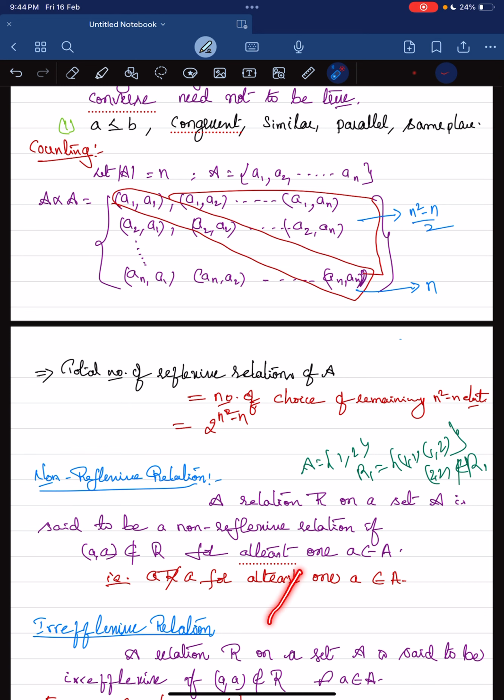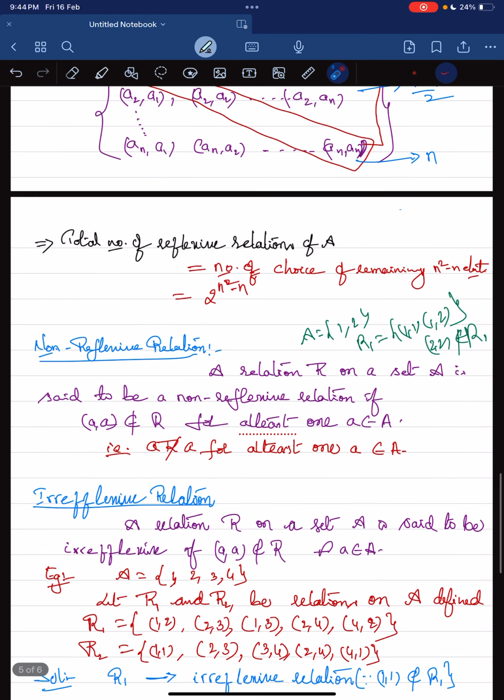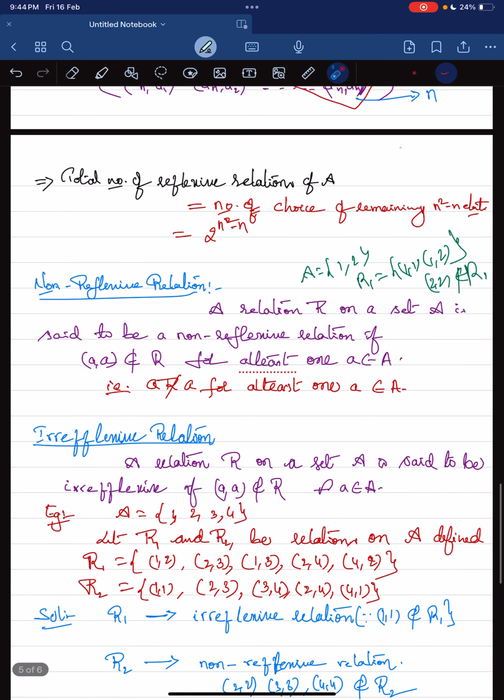So next is irreflexive relation. A relation R on set A is said to be irreflexive if (a, a) does not belong to R for all a belonging to A. For example, A equals {1, 2, 3, 4}. Let R1 be the relation on A defined by R1 equals {(1,2), (2,3), (1,3), (2,4), (4,2)}.